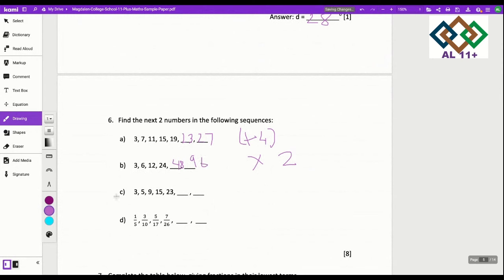In number C, they are basically doing plus 2, plus 4, plus 6, plus 8. So the next one would be 33 here and 45. And the next one, you look at that, what they are doing.